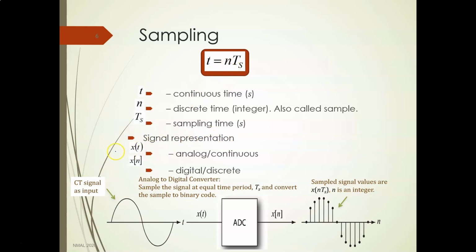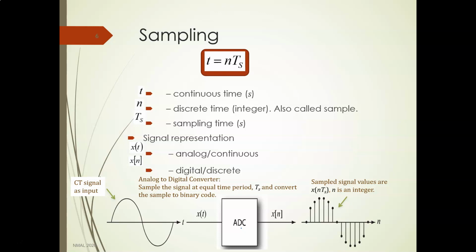The signal representation here, x(t), is for analog or continuous, and x[n] is for digital or discrete signal. The process from analog to digital can be done using the analog to digital converter. Look at this example. This is the continuous signal as input, represented as x(t). It goes into the analog to digital converter, in which there is a sampling process.